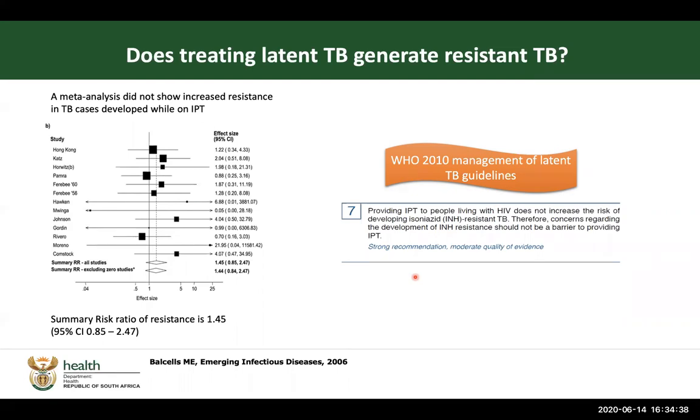So it means the predictor of resistance is whether the person had been exposed to a resistant TB in the environment before starting any treatment, whether placebo or INH. So there's no direct association between taking TB preventative therapy in patients who have been screened and whose TB screening outcome was negative. That is very important.